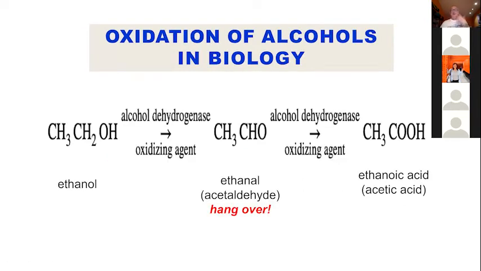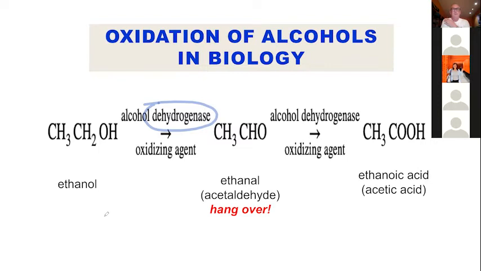Now, everyone's probably familiar with this particular reaction if you've had a rough weekend. So there's an enzyme in your body that actually does that reaction. Now, this enzyme is called alcohol dehydrogenase. What do you think a dehydrogenase does?